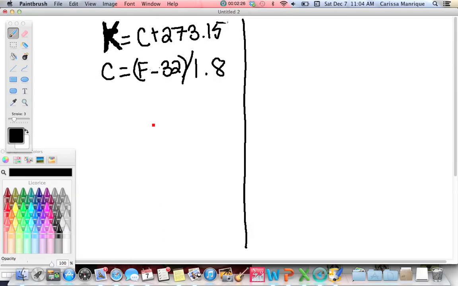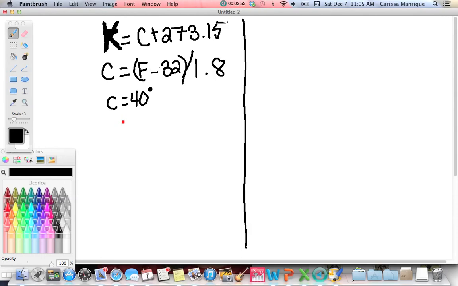So I have the formulas here. Kelvin is the easiest scale with these formulas. I'm going to use this formula because I have a Kelvin and a Celsius unit here. I know that Celsius equals 40 degrees because that's what the problem said. So now let's plug it into this formula to get Kelvin.